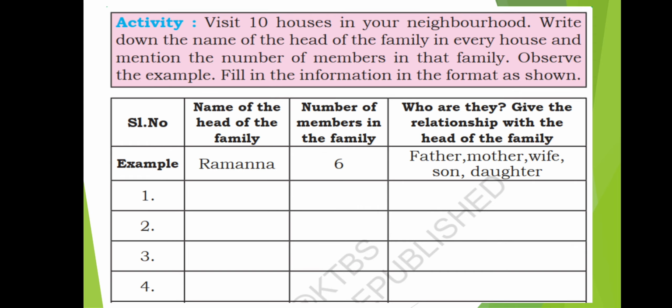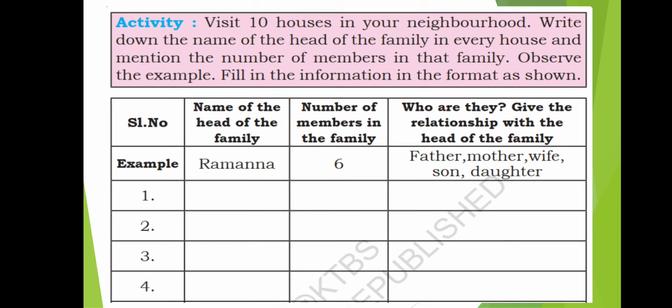Here, visit at least 10 houses in your neighborhood and write down the name of the head of the family in every house and mention the number of members in that family. Observe the example and fill in the information in the format as shown.